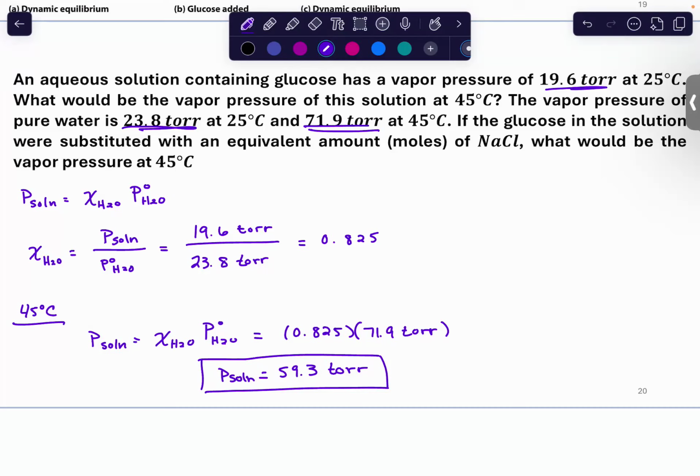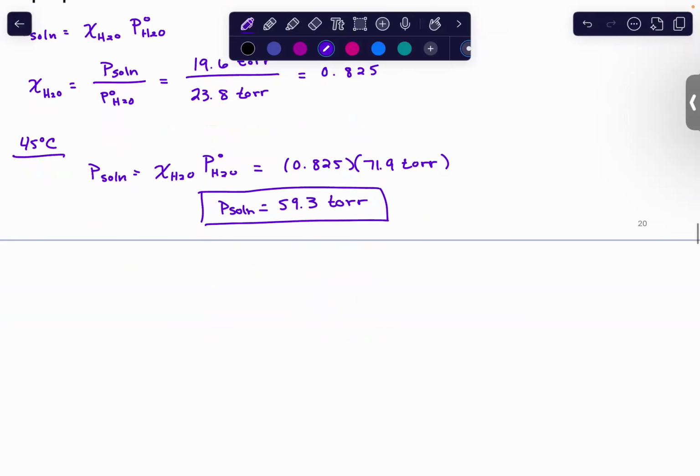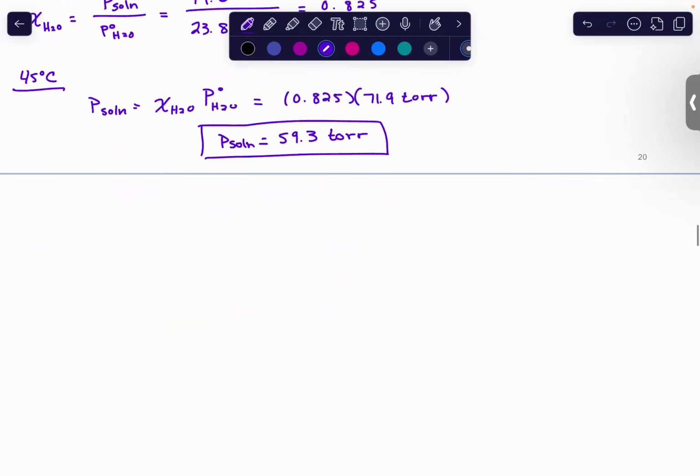So if I put 1 mole of sodium chloride in solution, how many moles of particles do I have in solution? 1 mole of sodium chloride goes in, I have 2 moles of particles, because it splits into its constituent ions. So you have to make an assumption here.